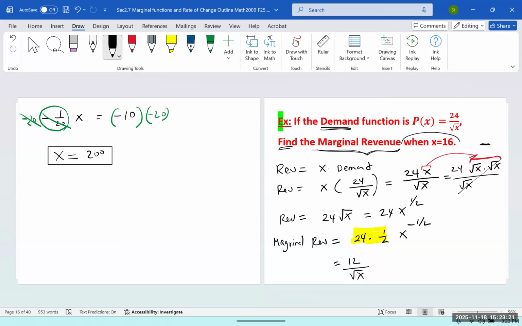They want us to find the marginal revenue when X equals 16. Marginal revenue when X is 16. So 12 over square root of 16, which is 12 over 4, which is $3.